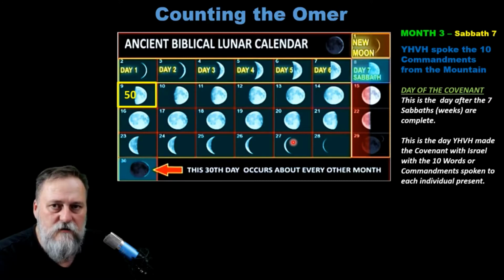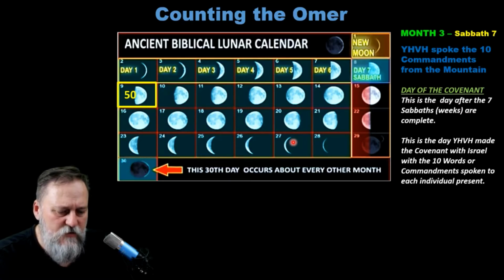Then he came down with the 2 tablets. He saw Israel broke the covenant, worshipping a golden calf, and he broke the tablets. After that, Yahweh called him back up the mountain for another 40 days and 40 nights, where he received a second set of commandments. So we see the same thing repeated 3 times.